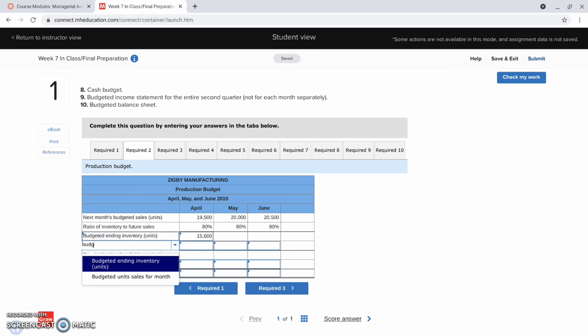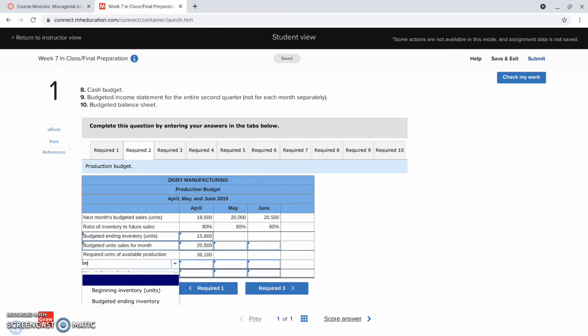Budgeted unit sales per month, that is 20,500. This is beginning inventory, that is negative 16,400. And then units to be produced is 19,700.